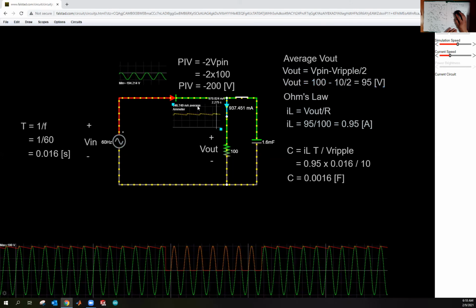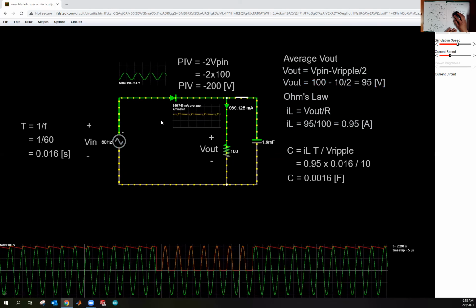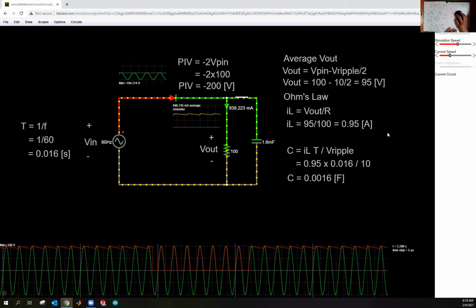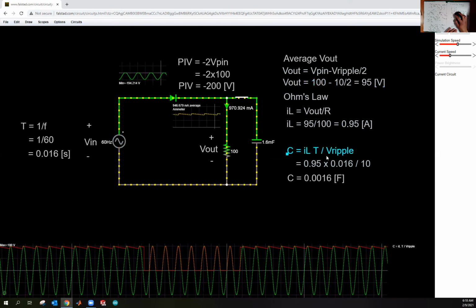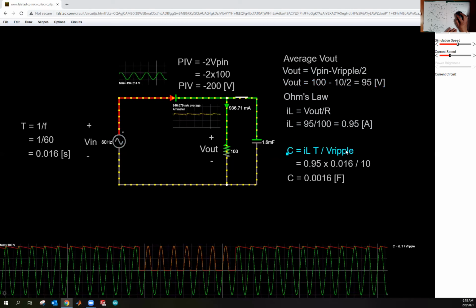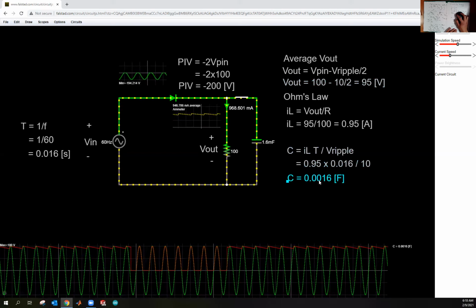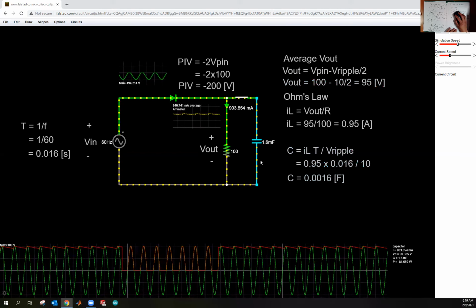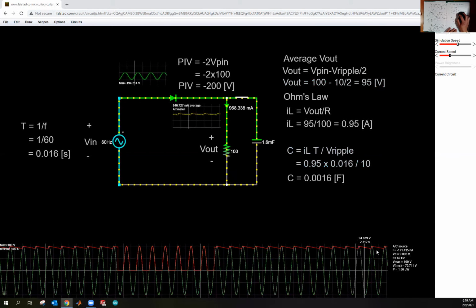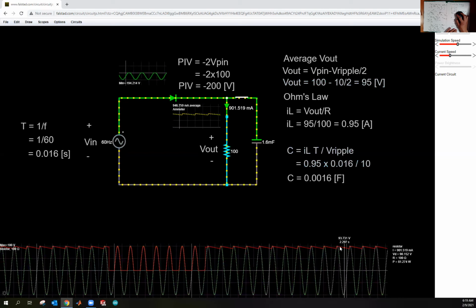Looking here, I'm plotting the average of the current, and it comes out to be 946 milliamps or 0.946, which is pretty darn close to 0.95 amps. Then we ran it through the capacitor equation, I_L times T over V ripple, 0.95 times 0.016 over 10, and we get 0.0016 farads, and that's what we put into this capacitor. You can see we're getting the behavior that we desire of 0.95 amps and a V ripple of about 10 volts.